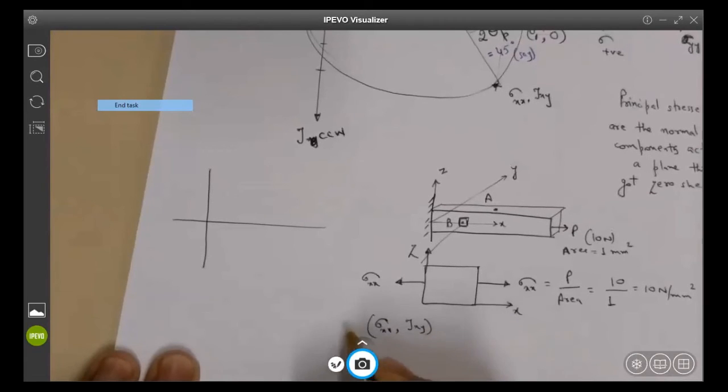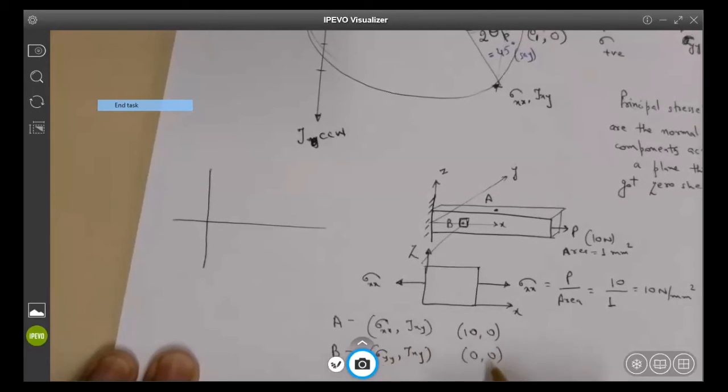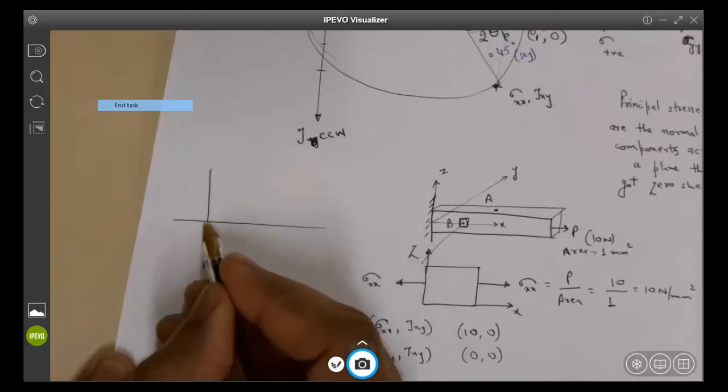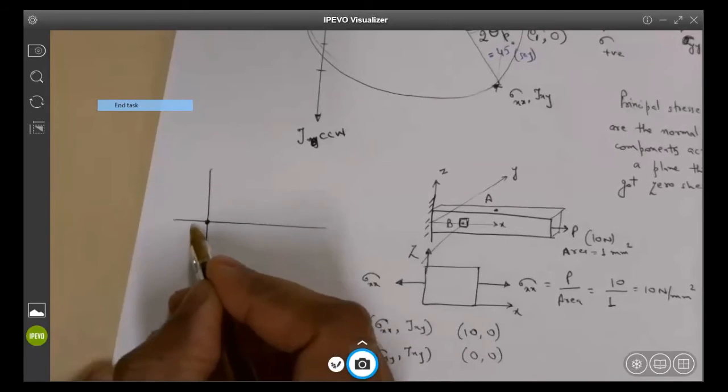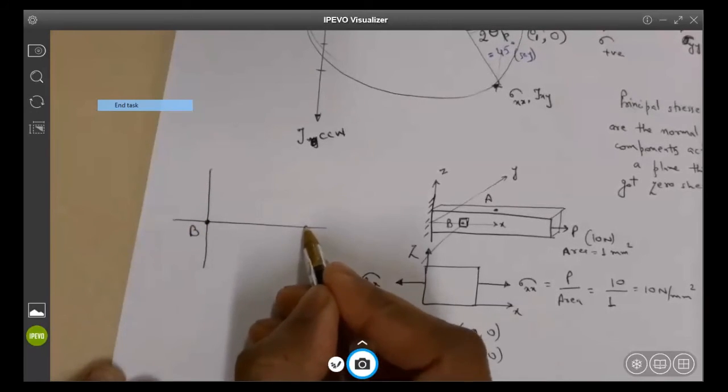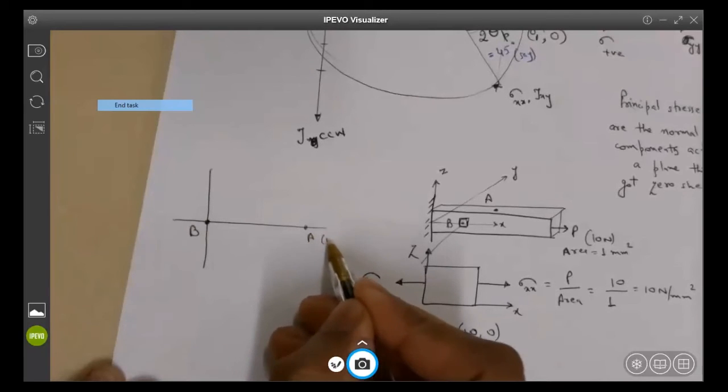That should be one point, let's call it point A, and point B will be sigma yy and tau xy. What is the value of tau xy in this scenario? 0. And what is the value of sigma yy? Also 0. So I got 2 points, 0, 0 and 10, 0.